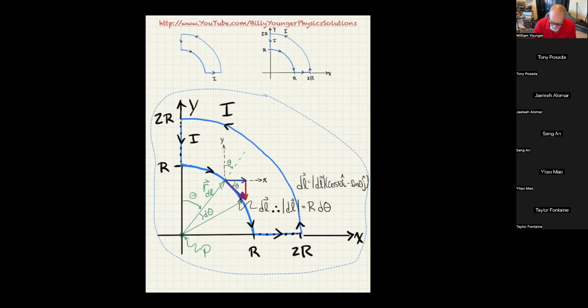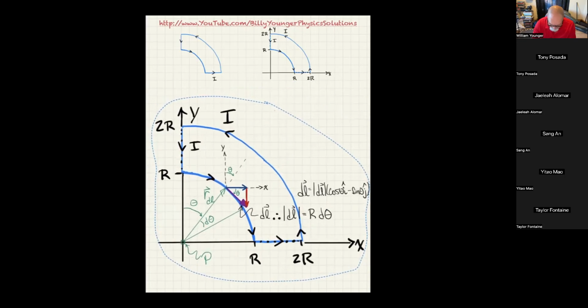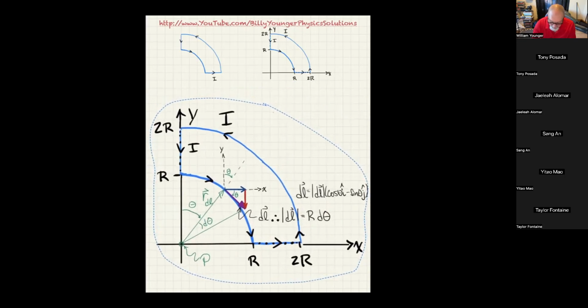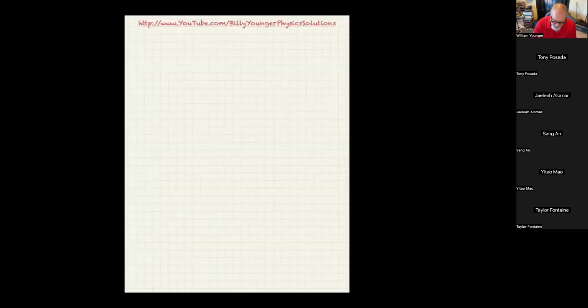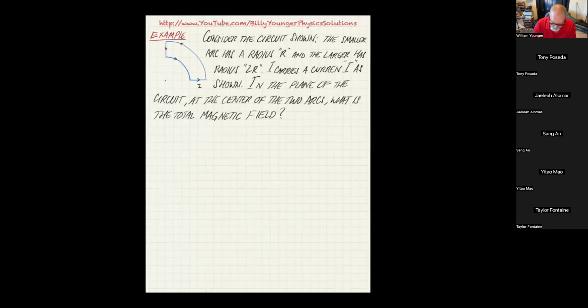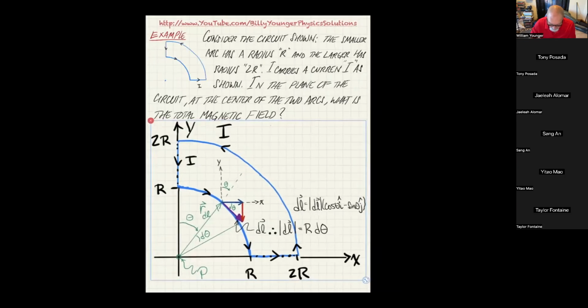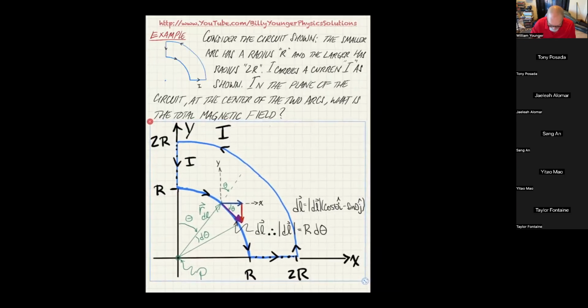So I'm going to copy this and paste that picture in. I've actually blown it up quite big, specifically so we can see details. Okay, it fits fine.